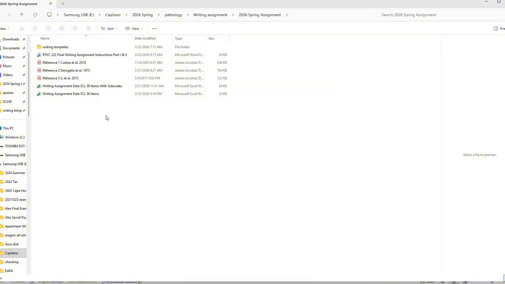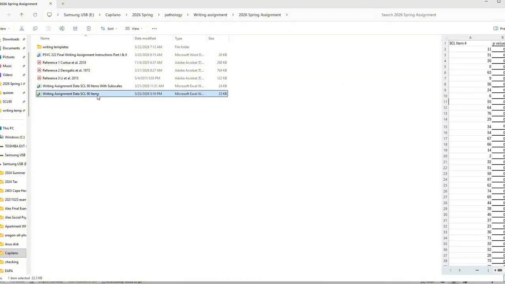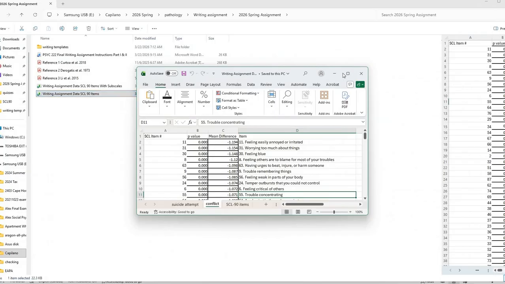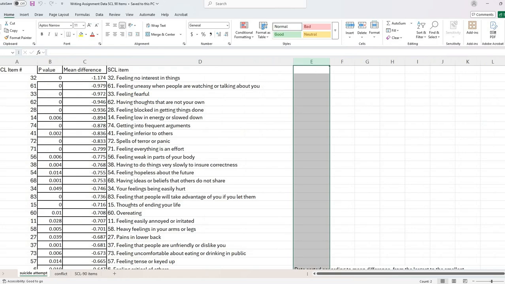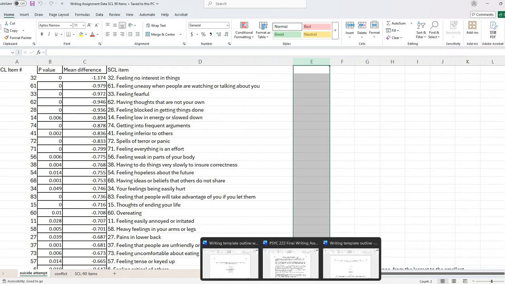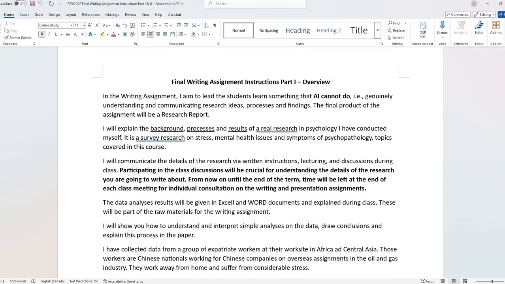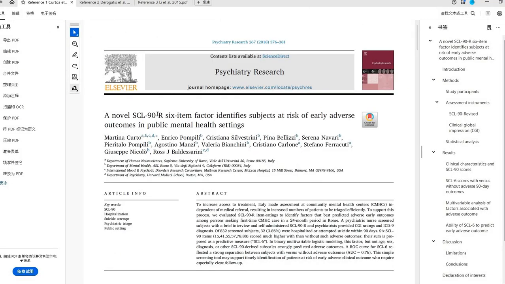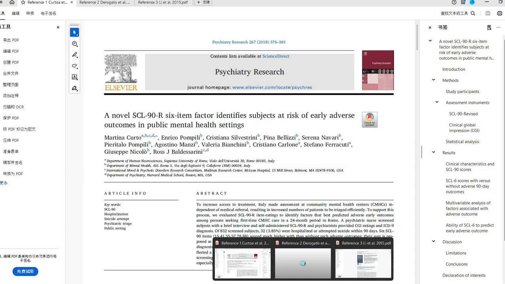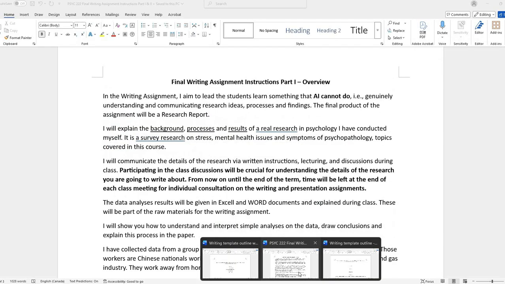I've opened everything except the data. I'll open the data file just to get ready. The writing instructions, the reference materials. Now I'm ready to write the paper.